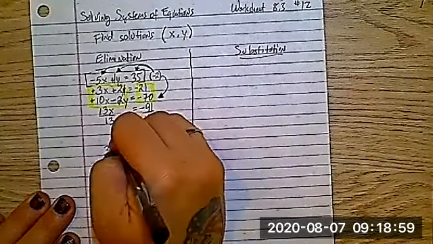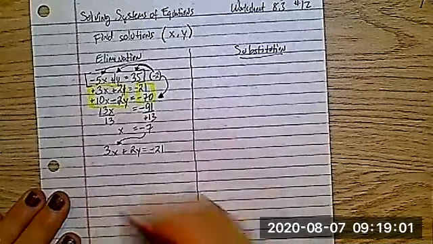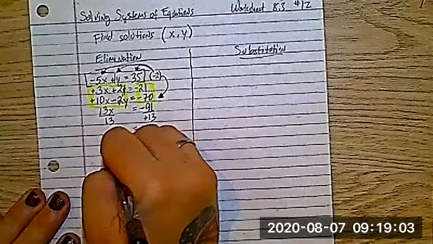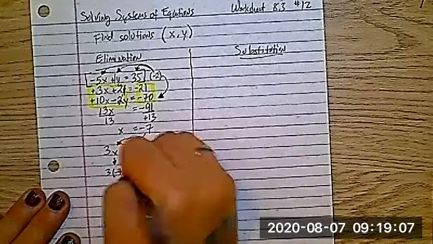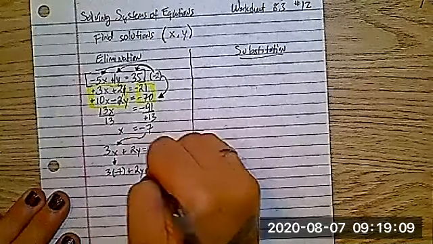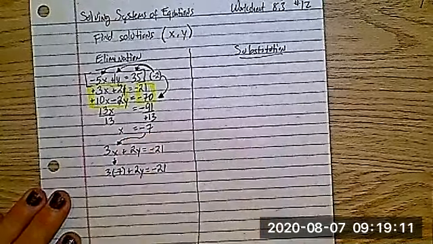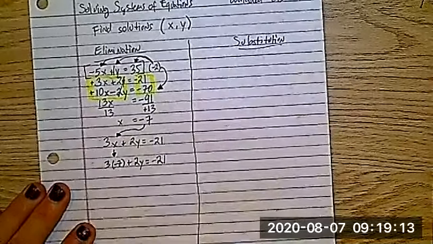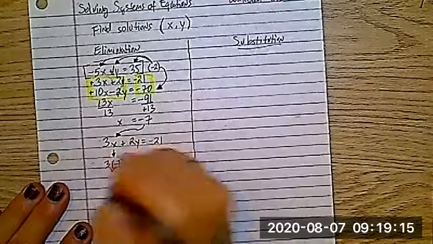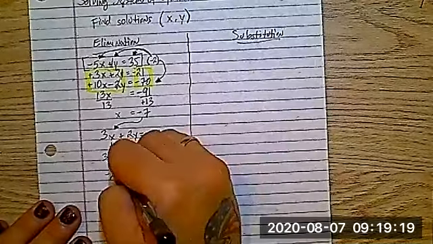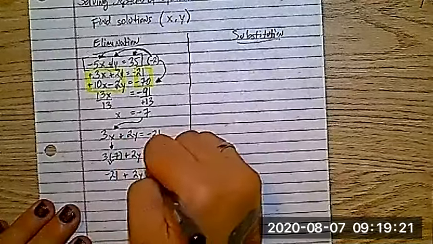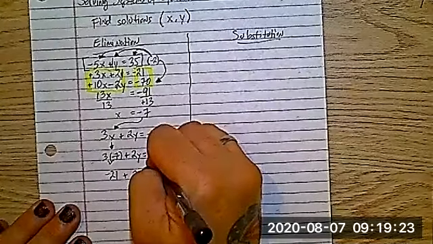And that's going to go right there. So 3 times negative 7 plus 2y equals negative 21. And let's solve it. So simplify. 3 times negative 7, negative 21. Bring down the rest of it, just as it is. Bam, bam.